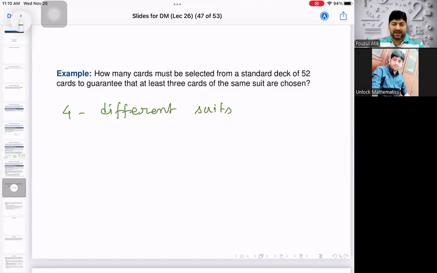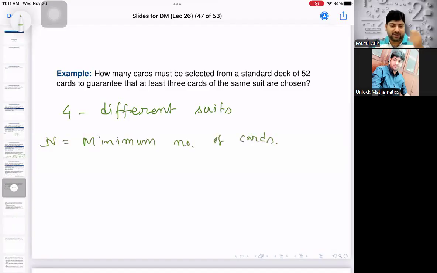So let's assume that there are n number of cards, the minimum number of cards required. Let n equal the minimum number of cards.